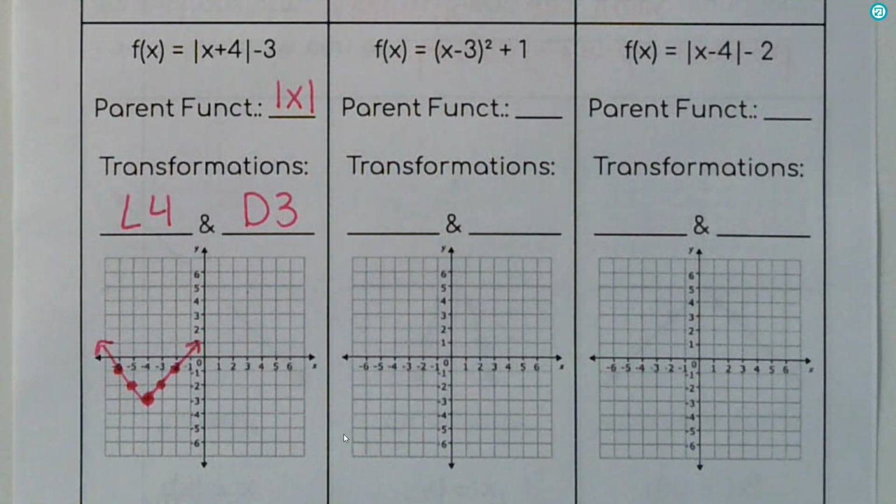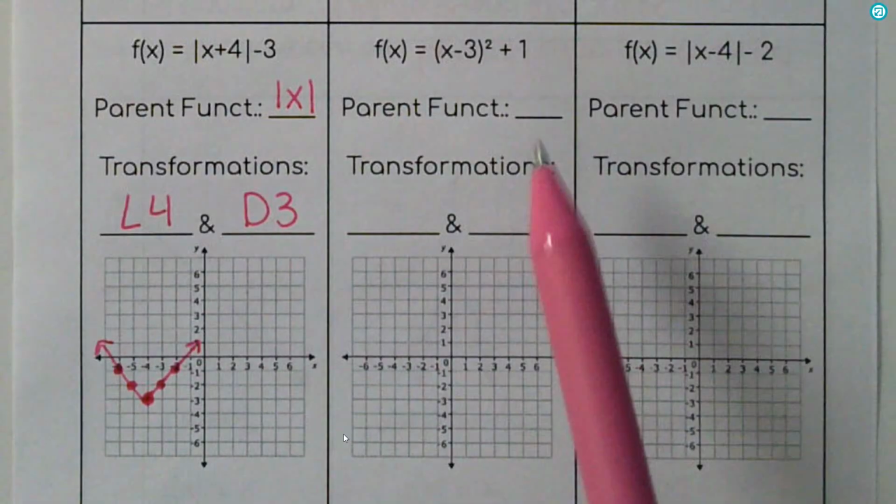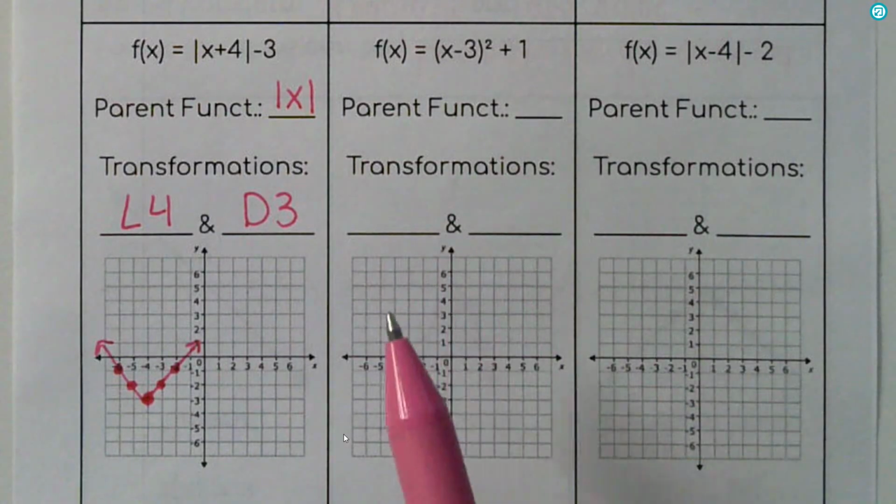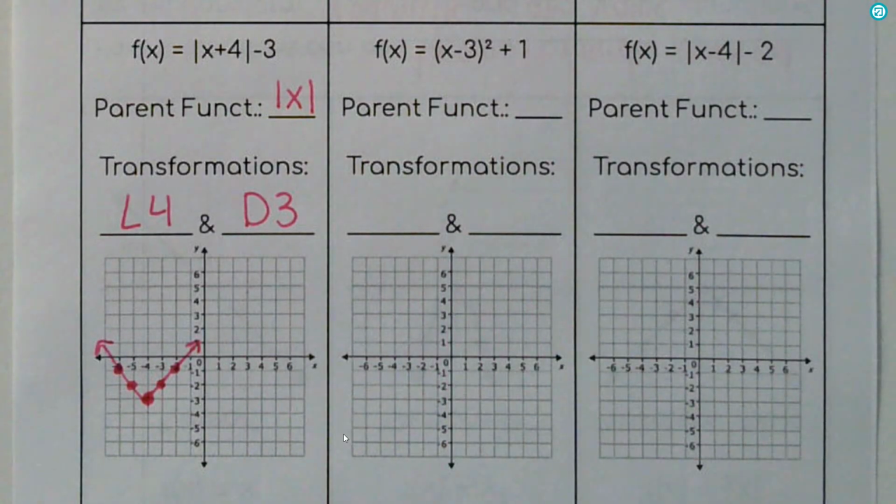Go ahead and try filling out the parent function and transformation blanks on this next one. If you want to start graphing, you can, but we're going to check it before I graph, so you don't want to graph wrong and have to regraph it.